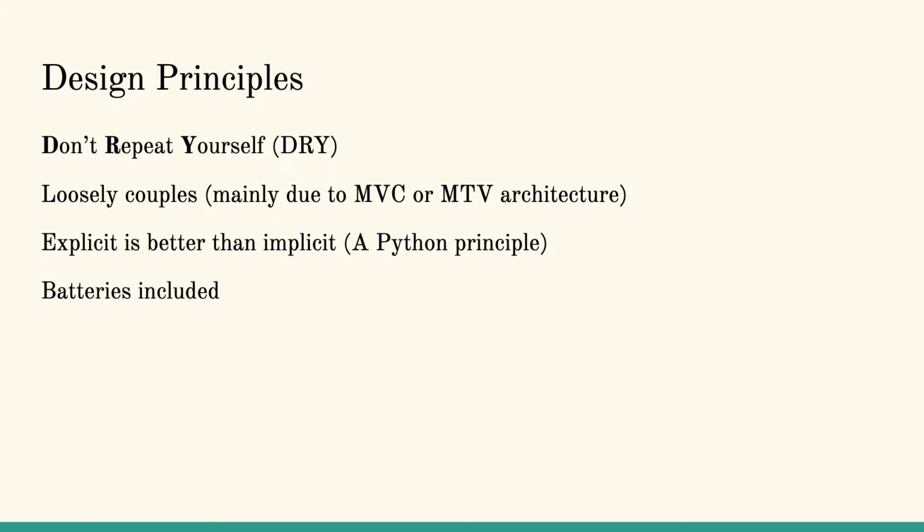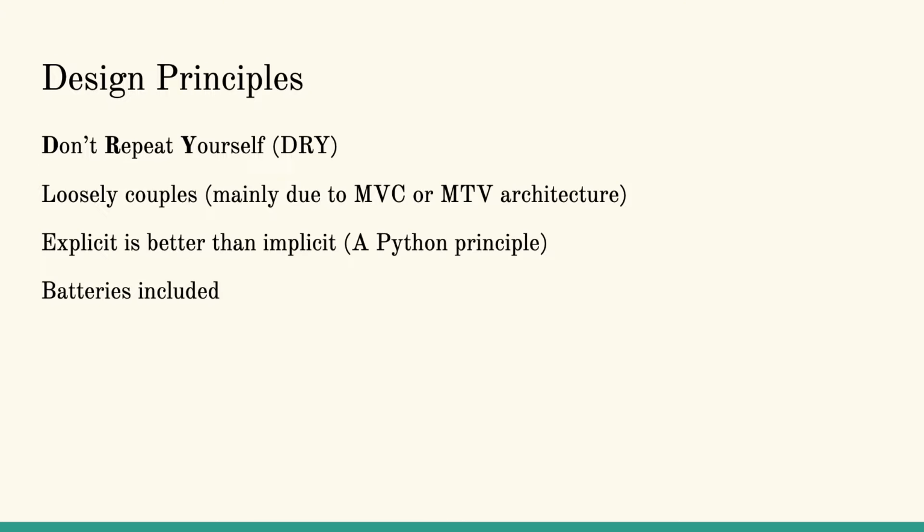Another principle that Django follows is the notion that explicit is better than implicit. This actually comes from Python itself. Python also has this notion of explicit is better than implicit, which means if you try to make something implicit, that code might be shorter. For example, you may be able to achieve certain logic in much shorter code because there is some implicit work happening.